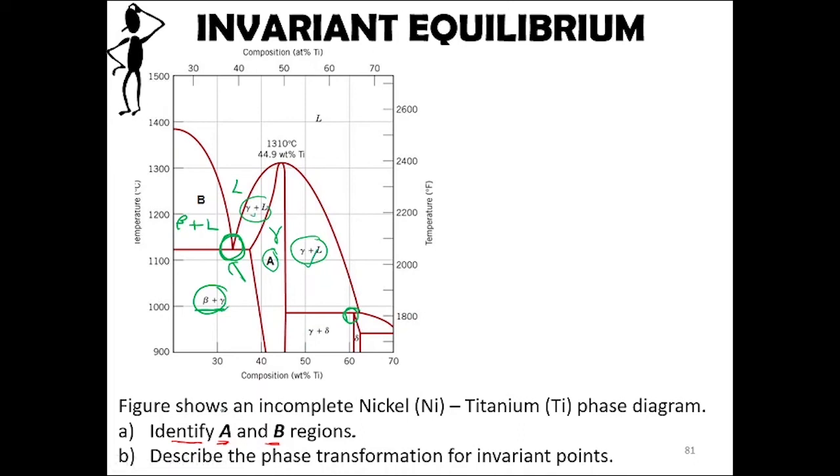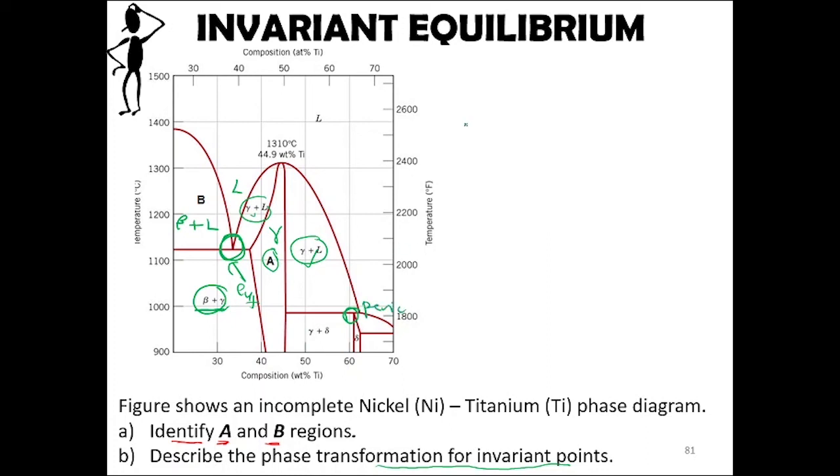The second question asks us to describe the phase transformation for the invariant points. So we can answer that we have two invariant points for this phase diagram. The first one is eutectic. The second one is peritectic.